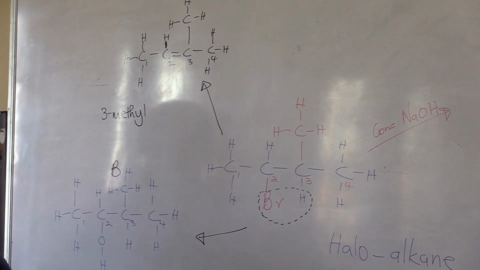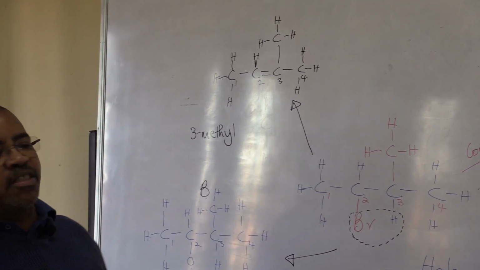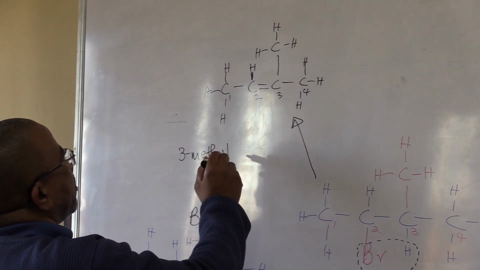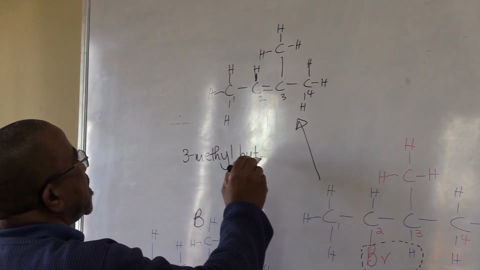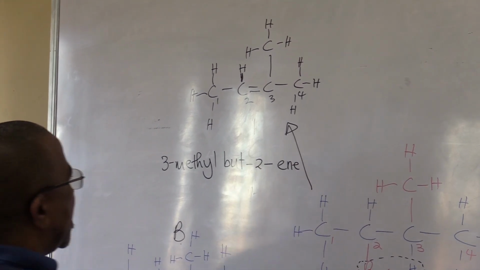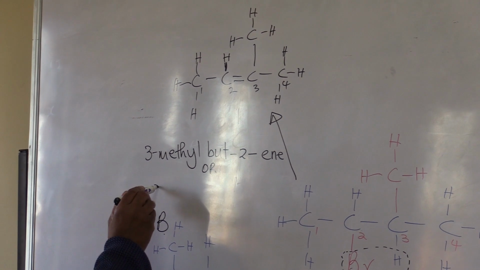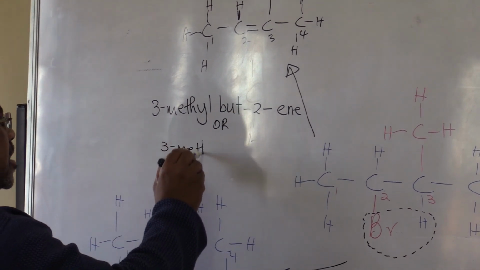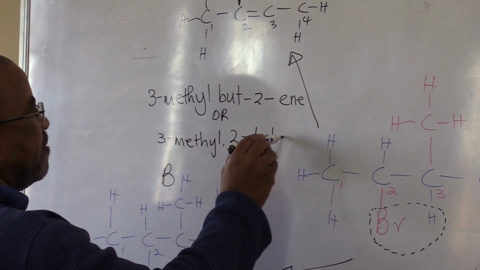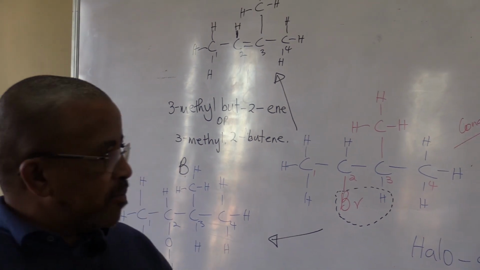The longest carbon chain is 4 but it's an alkene, with the double bond between 2 and 3, so 2-ene. 3-methyl-2-butene. So this is how we name it.